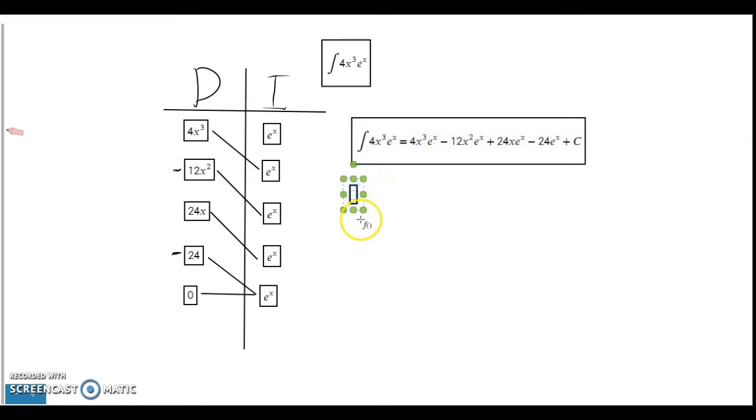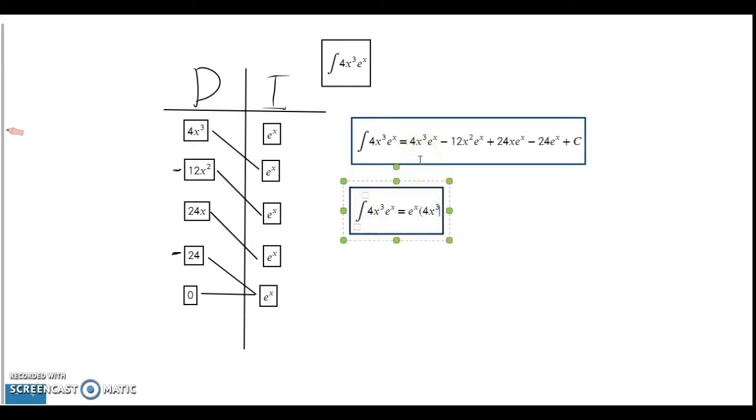If they want you to simplify it, what we can do at this point is, since all the terms have e to the x, we can factor out the e to the x and then type in all the terms just like before.